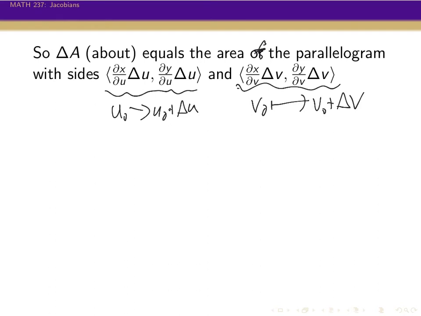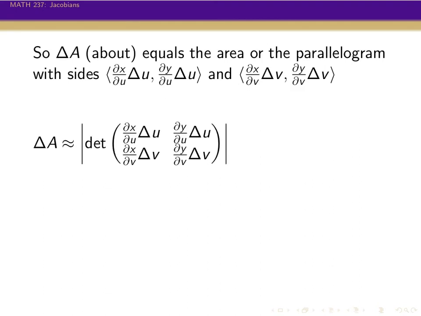Okay. And so again, we have a parallelogram, and we can use a 2 by 2 determinant to figure out the area. So this delta A is approximately the absolute value of this determinant. To do the determinant, we multiply those two sides and then subtract off the product of the other two sides.